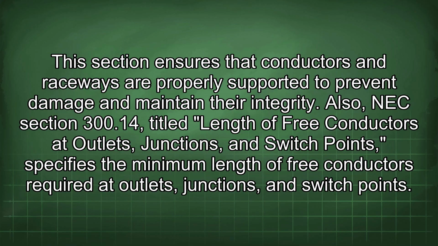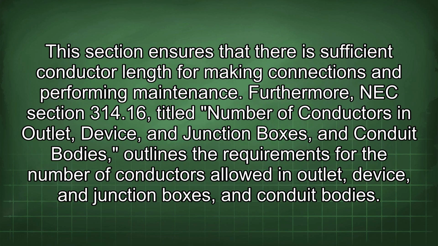Also, NEC Section 300.14, titled Length of Free Conductors at Outlets, Junctions, and Switch Points, specifies the minimum length of free conductors required at outlets, junctions, and switch points. This section ensures that there is sufficient conductor length for making connections and performing maintenance.